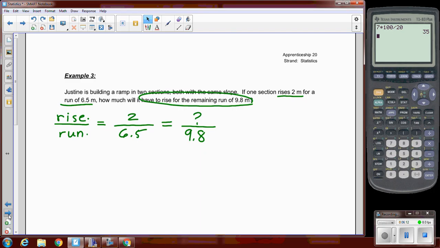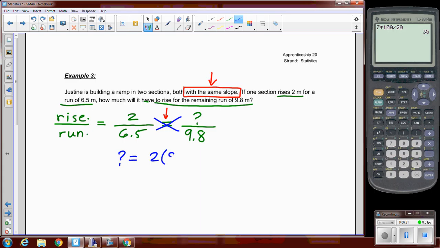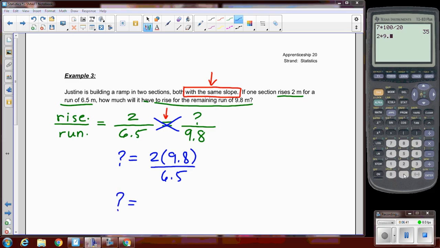One of the key things in this question is right here. She's building it in 2 sections, but they have the same slope. That's why I can say that these 2 slopes are equal. So now to solve this situation, I would cross multiply and say my unknown rise is 2 times 9.8 divided by 6.5. 2 times 9.8 divided by 6.5 on the calculator is roughly 3.